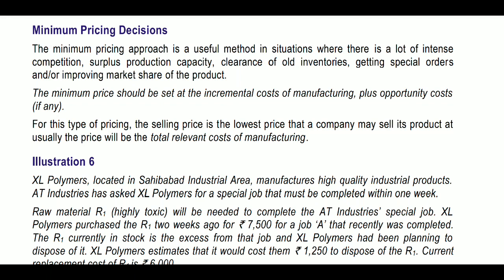So minimum pricing will be the incremental cost plus the opportunity cost. If I accept this offer, whatever my opportunity cost is will be added to this, then we get the minimum price. So incremental cost of manufacturing plus opportunity cost.